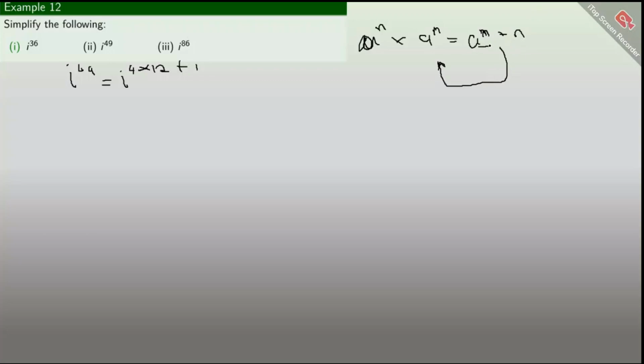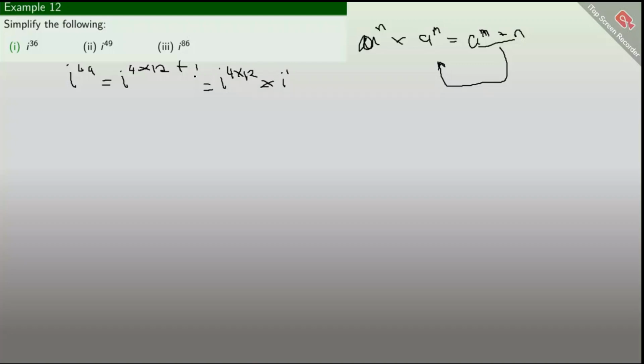Now, what are we saying here? This expression is the same as the expression which is here. I have powers adding themselves, which means it is i raised to the power 4 times 12, multiplied by i raised to the power 1.